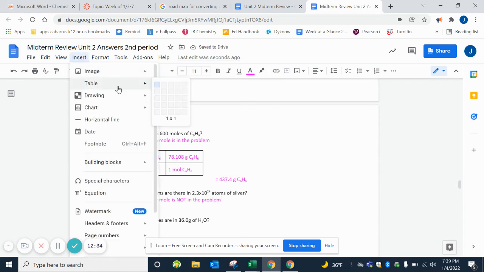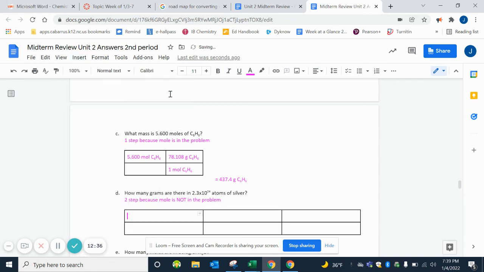So we're going to go ahead and insert our table for 2 steps. Always start with the given. And then we can take our unit and our substance diagonally down to the bottom. Because this is not mole, we have to put mole on the top. Remember, 1 goes with mole.